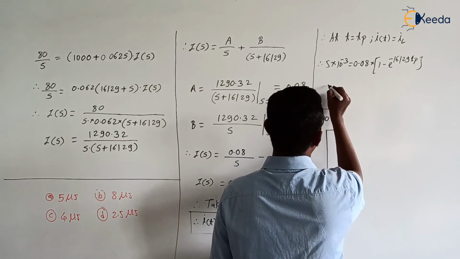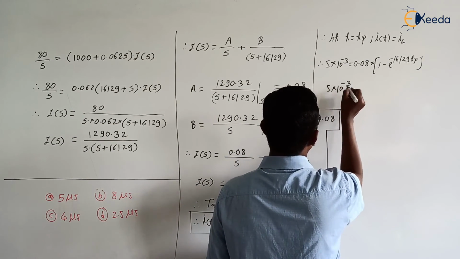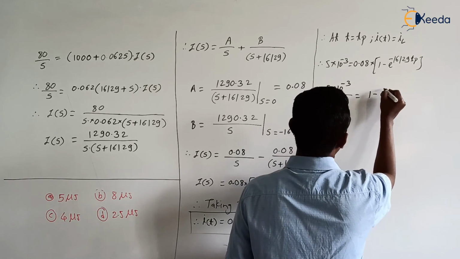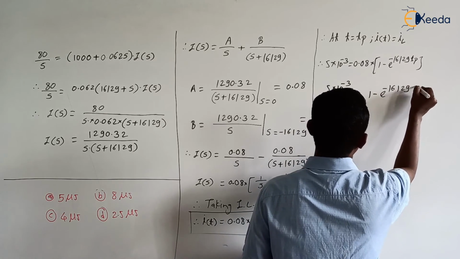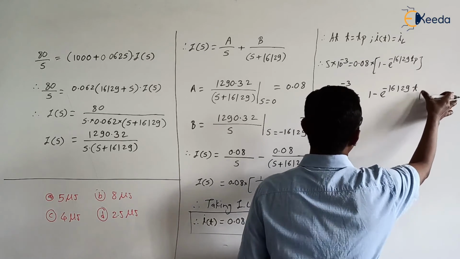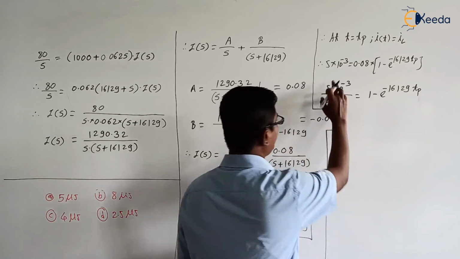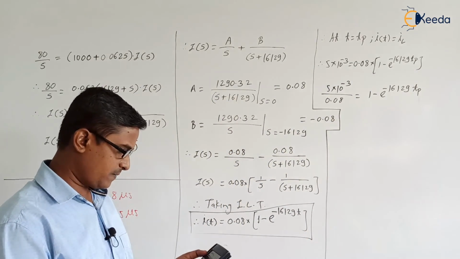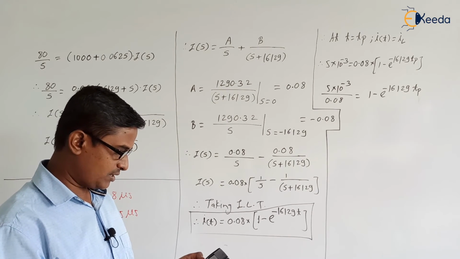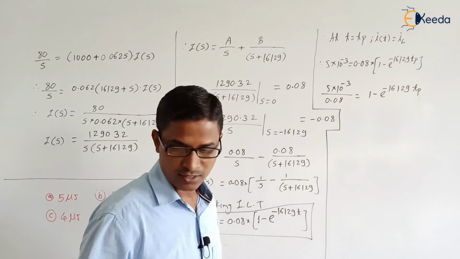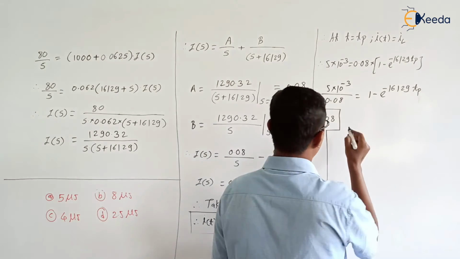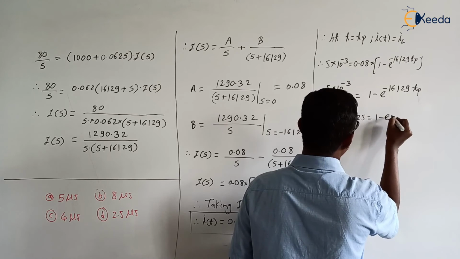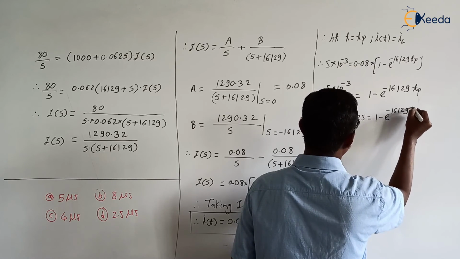Yes, we can simplify it as 5 into 10 to the power minus 3 divided by 0.08 is equal to 1 minus e to the power minus 16129 into Tp. So if you check this ratio, 5 milli divided by 0.08, it is 0.0625. So 0.0625 is equal to 1 minus e to the power minus 16129 into Tp.